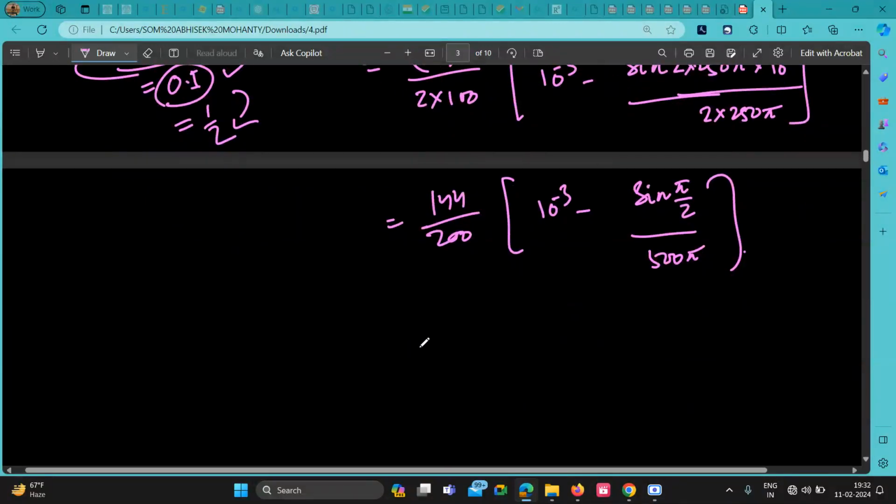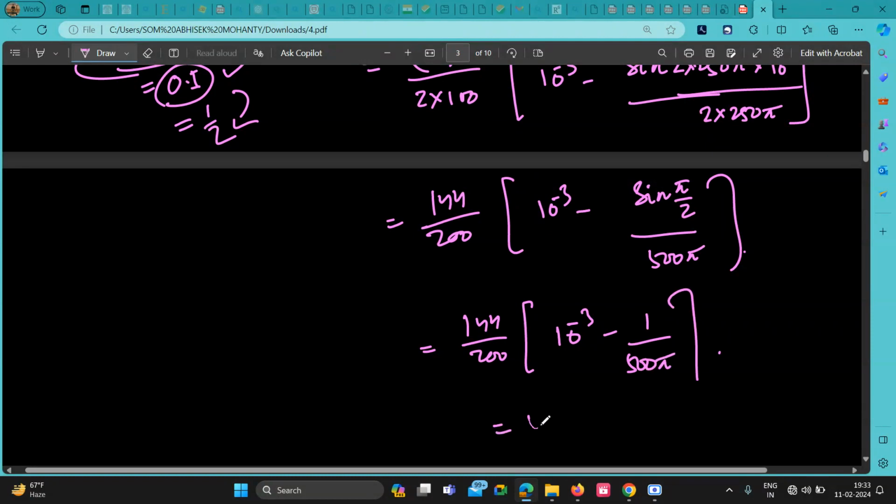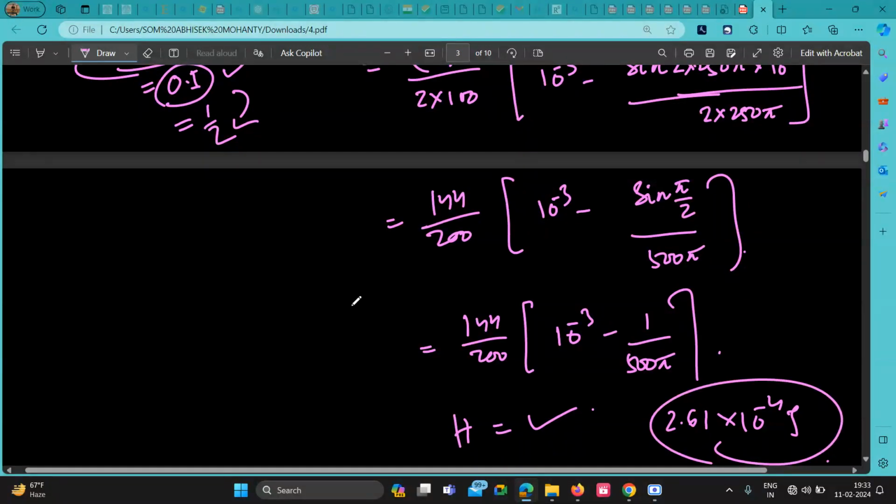Sine pi by 2 is 1. This is 144 by 200, into 10 to the minus 3 minus 1 by 500. Just calculate this, you will get the answer. That will be the heat. The answer is 2.6 into 10 to the minus 4.